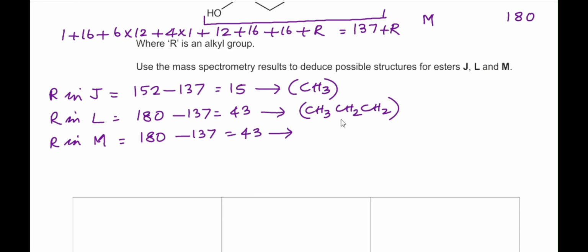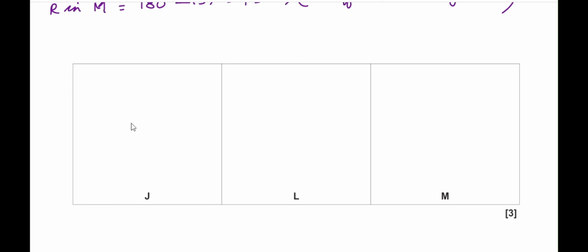So we need to rearrange this. Let's say a different arrangement. So the first alkyl group in J is CH3.